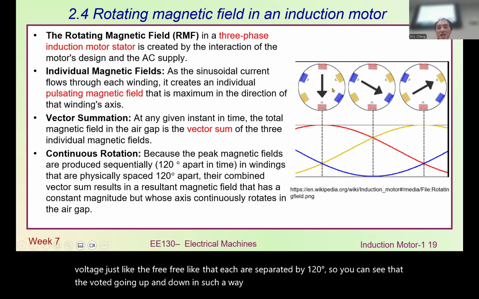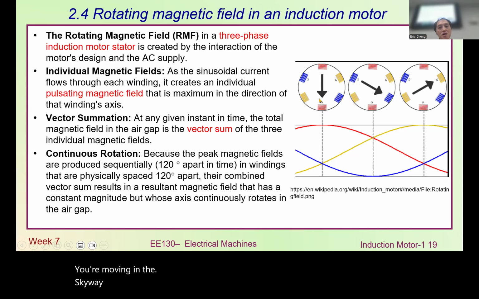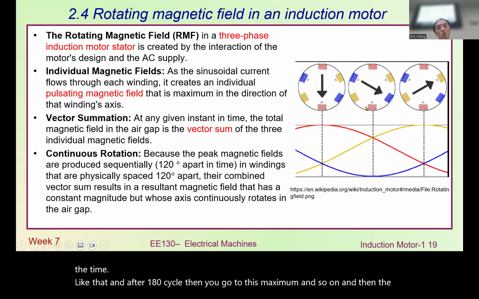When we energize each of the coils in this three-phase manner, the applied voltage will of course generate magnetic flux. This magnetic flux moves sideways, with peak value here, then moving with the amplitude over time, and after 180 degrees you go to this maximum and so on. The other phases will also do the same.